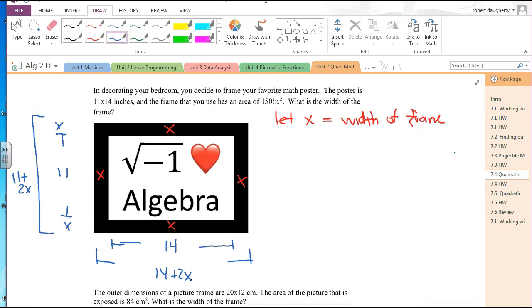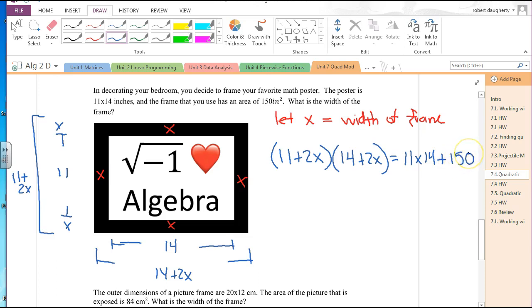So my model is going to be 11 plus 2x times 14 plus 2x is equal to 11 times 14 plus 150. So the total area is the area of the poster plus the area that the width of the frame has. Okay, so 11 by 14, somebody said that number is 154?